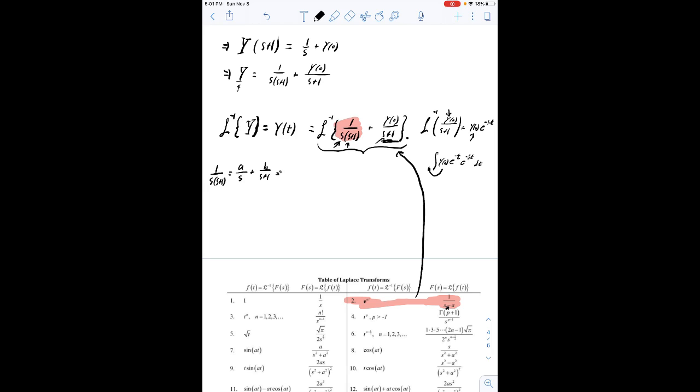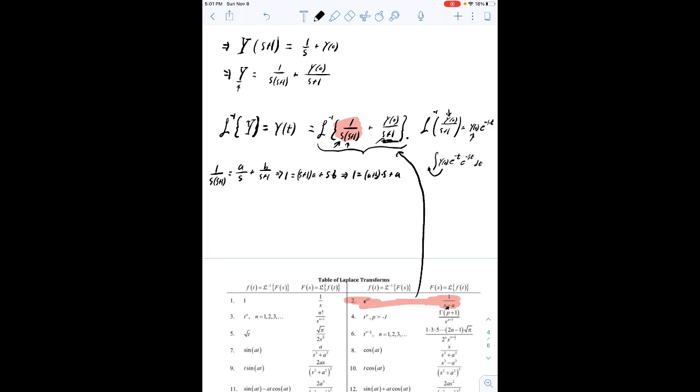Multiplying by s times s plus 1 on each side, we get 1 equals A times s plus 1 plus B times s. Now we get this into a good form: that would be A plus B times s plus A.